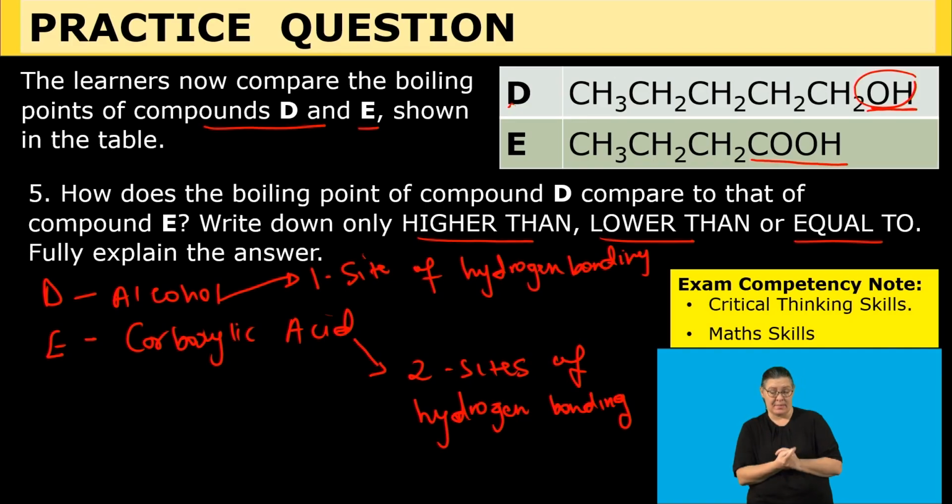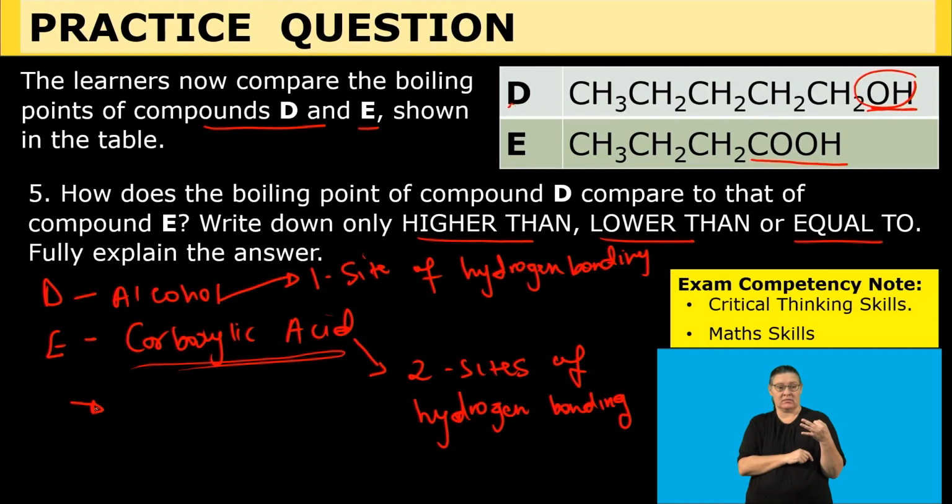And because of that, when you're comparing in terms of the boiling point, the carboxylic acids are going to be stronger than the alcohols, and therefore more energy is going to be required to overcome the strength of the intermolecular force found within the carboxylic acid substance.